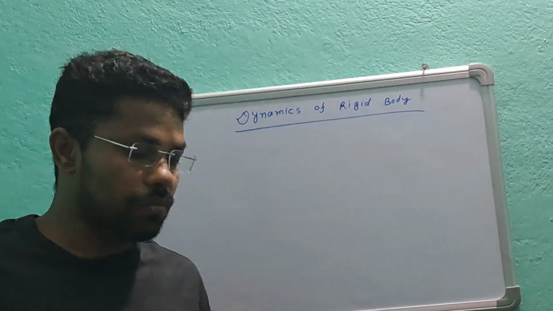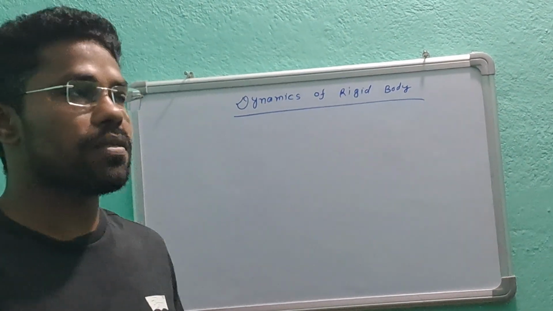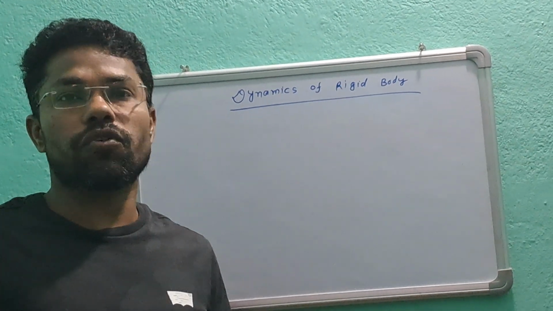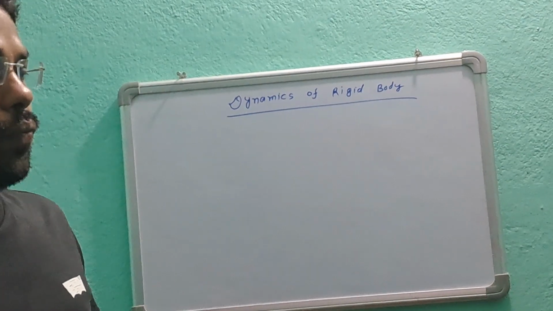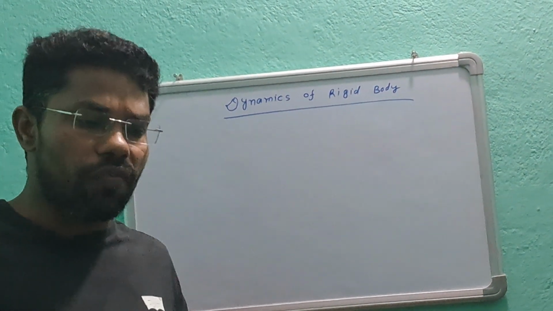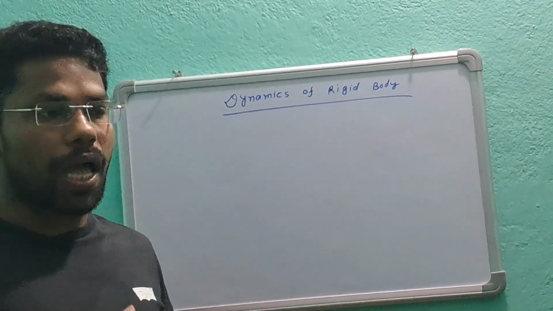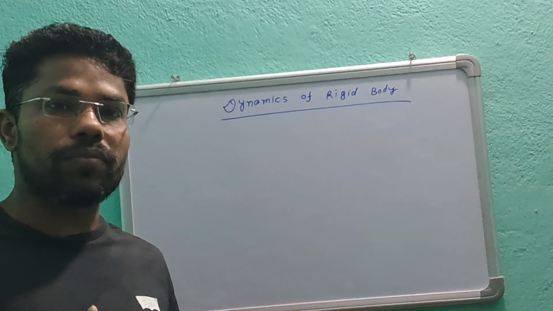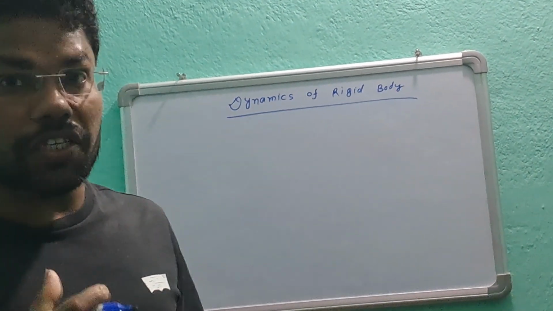We know the concept of center of mass, motion of center of mass, linear momentum of center of mass. So whatever concepts we have studied so far about the point particle, now I will apply all these concepts to describe the dynamics and kinetics of rigid body.